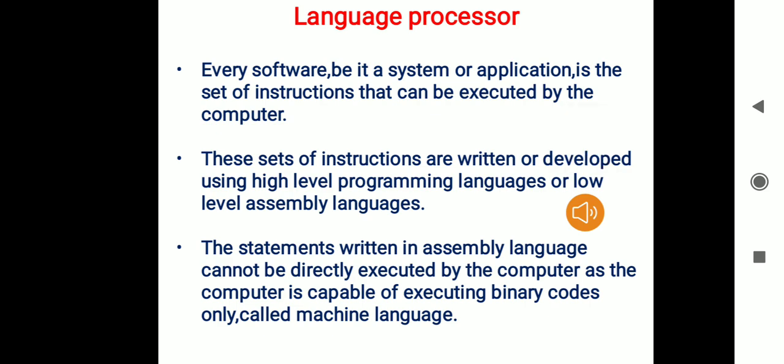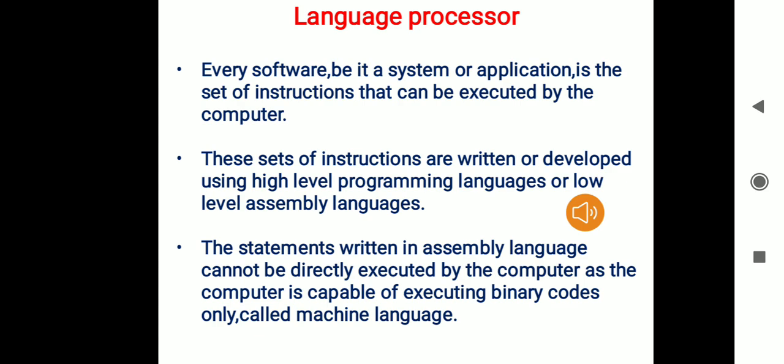Let's come to the next system software, which is the language processor. Now, every software, be it a system software or an application software, consists of some set of instructions that can be executed by the computer. These sets of instructions are written or developed using programming languages such as high-level programming languages or low-level programming languages.